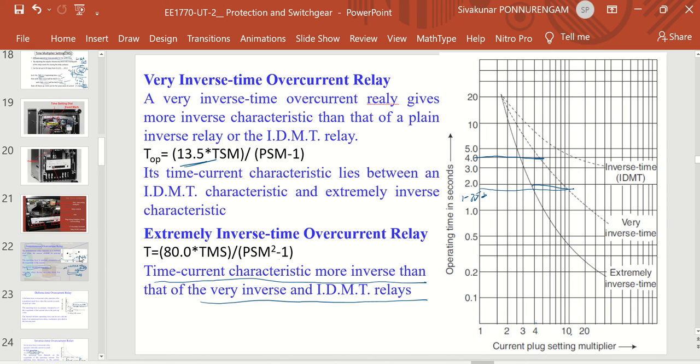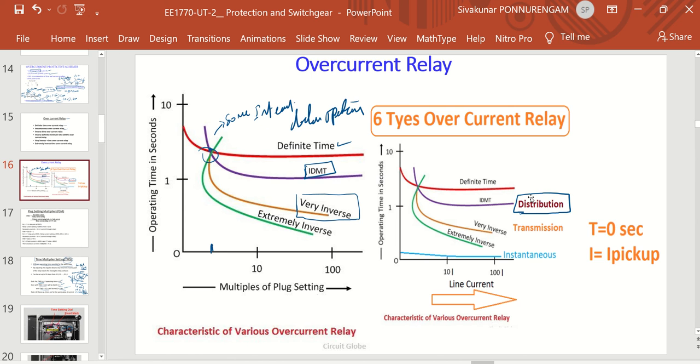Once again, the definite time overcurrent relay: when the current is greater than the rated 25 amps, there is some delay, and after the delay we trip. Assume this relay takes 0.1 second for the operation.